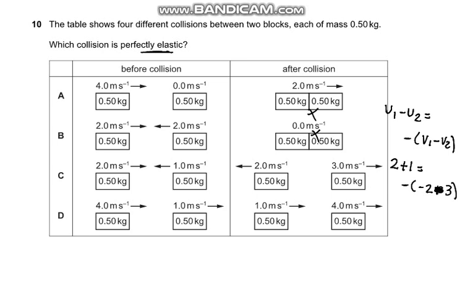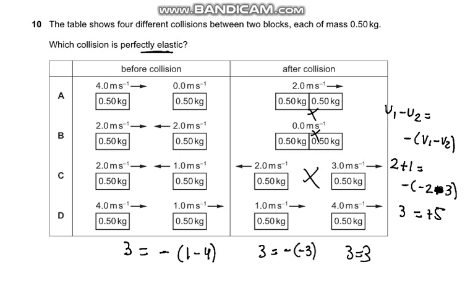So 2 minus negative 3 is 5, and this is not true. Now let's see D. That is u1 minus u2, 4 minus 1, is 3, equals negative (v1 minus v2), where v1 minus v2 is 1 minus 4, so this becomes 3 equals negative negative 3, so 3 equals 3. So this satisfies the equation for a perfectly elastic collision.